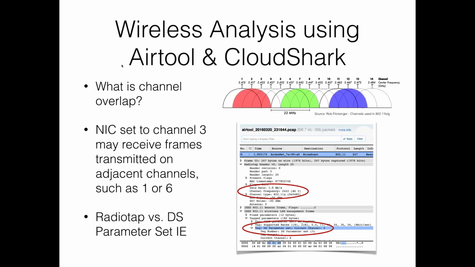Each channel is separated by 5 megahertz, but they are 20 megahertz wide. Sorry. So that means that they overlap. As you can see in the figure at the top, channel 3, for example, overlaps with channel 2, channel 4, even channel 1 and channel 5.